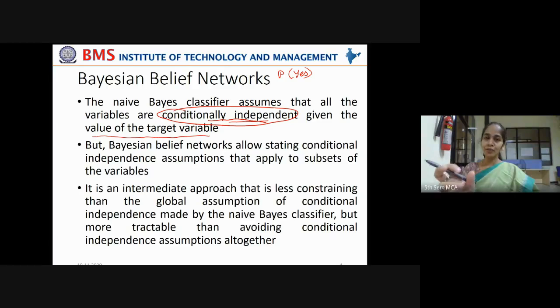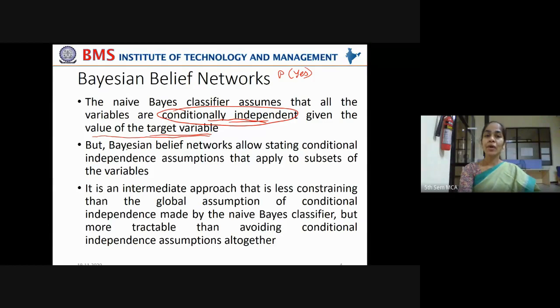That is how we mention conditional dependence. But the naive-Bayes classifier assumes that all the variables are conditionally independent given the target variable. That is why we applied the formula in the previous class to each attribute given the target variable, and calculated the probability of playing tennis on a particular day, given the climatic conditions.